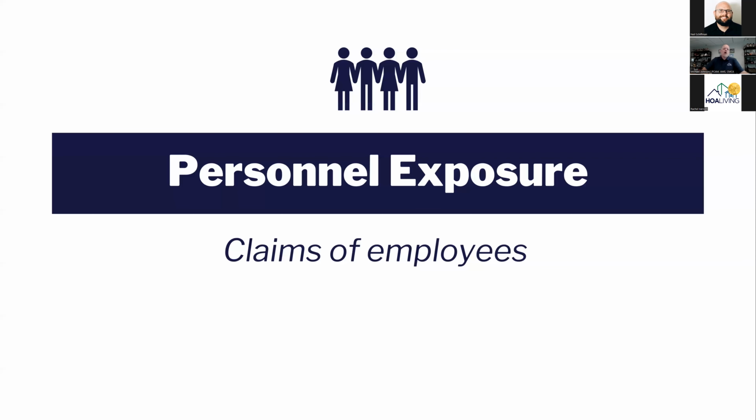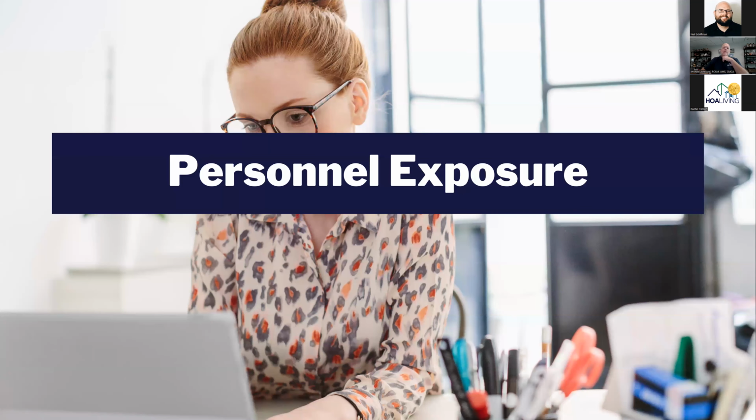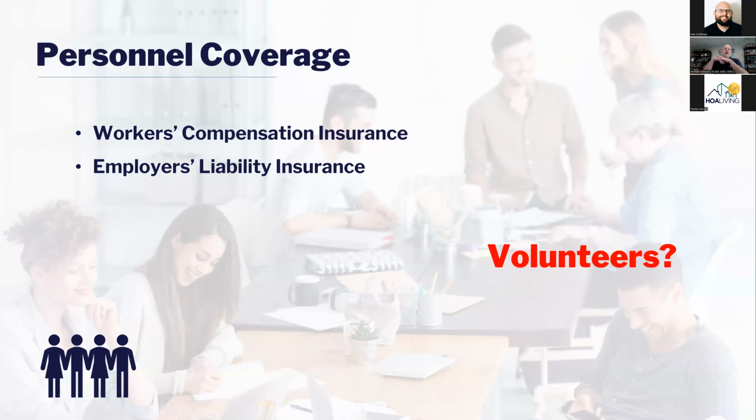Our fourth exposure is primarily for communities that have employees of the association. So this is claims of employees, right? You know them as typically a workers' comp claim or employer's liability claim.